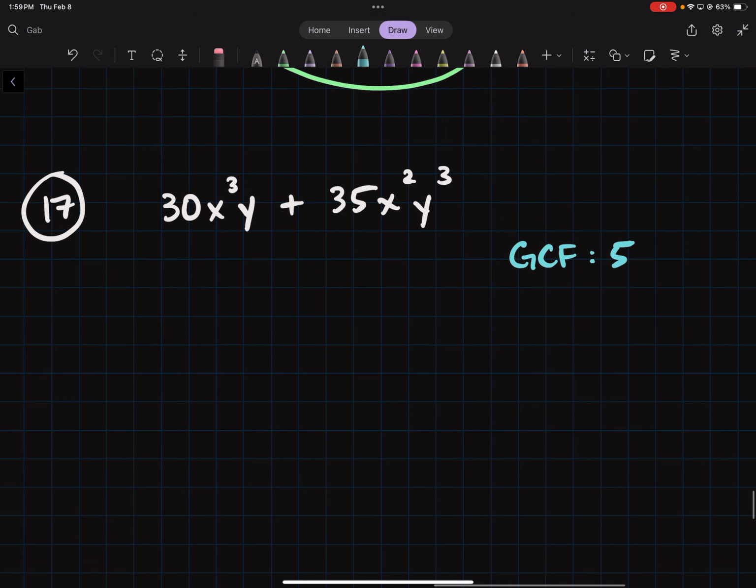How many do they have in common? 2 of them. And then for the y's? Just 1. Take the least, or the smallest one. Yeah, smallest one. Okay. So do it again. 5x squared y, parentheses.